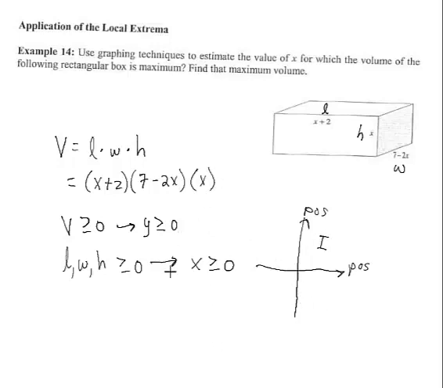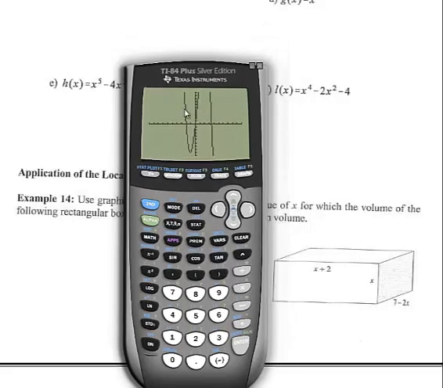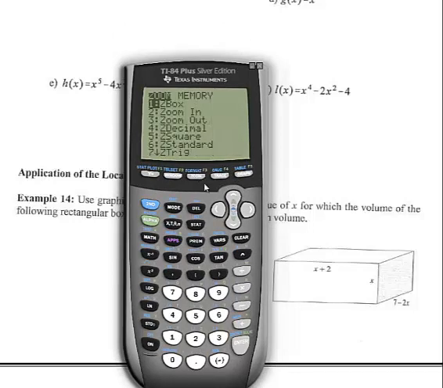So going back to my calculator, here is our function for our volume. I will go to zoom, and I'll restrict myself to quadrant 1. Okay, we didn't get the entire curve, but you can obviously see that the curve comes up, peaks, and then drops back down.